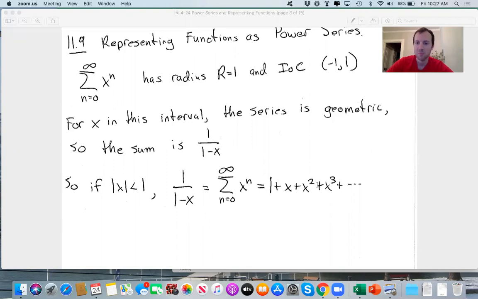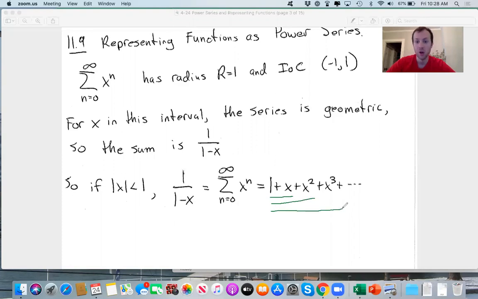So this infinite polynomial, if you evaluate it at an x in this range, will give you 1 over 1 minus x. But how we understand series is that the series is the limit of partial sums. So in this case, the partial sums are these partial polynomials.